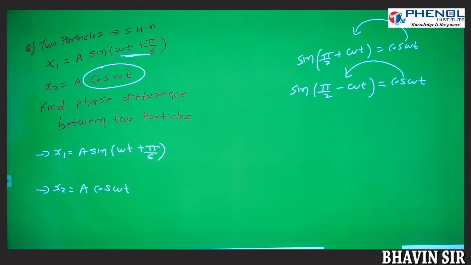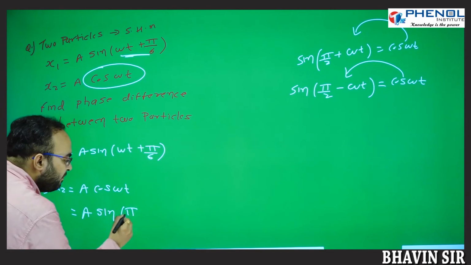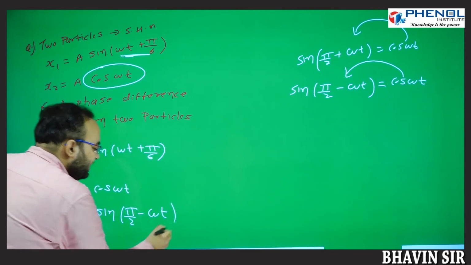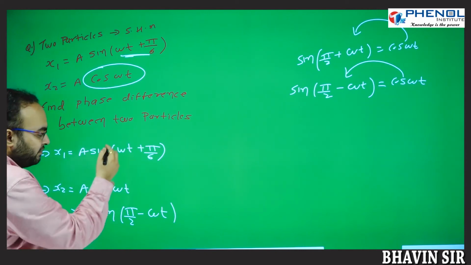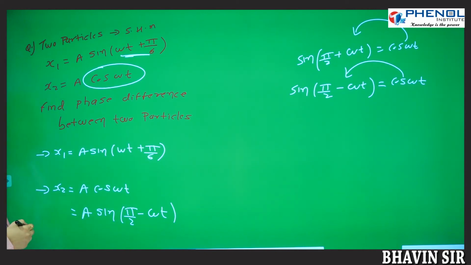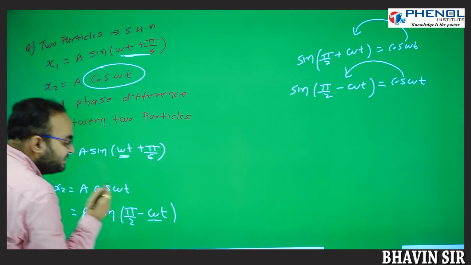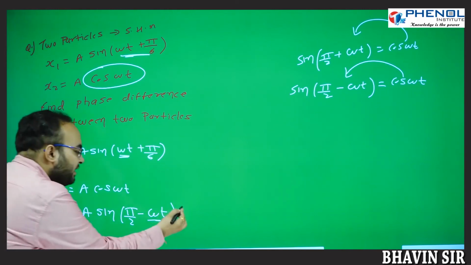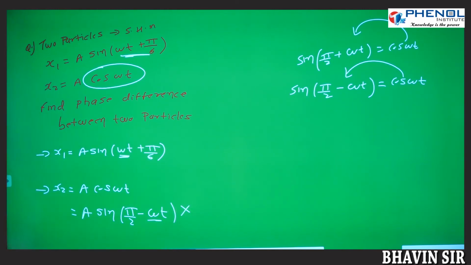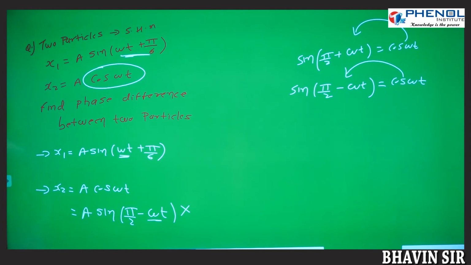But if we take sin(pi by 2 minus omega t), we cannot compare the two, because in one omega t is positive and in the other omega t is negative.